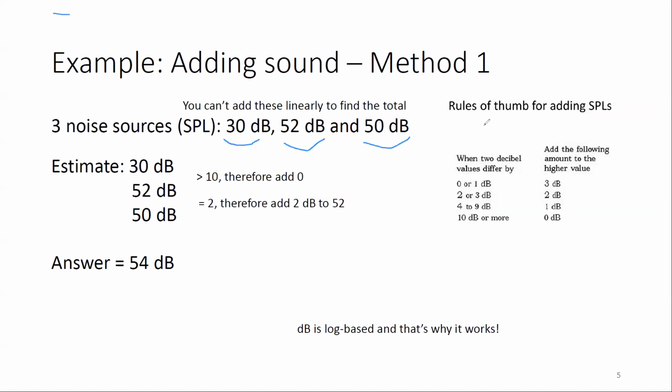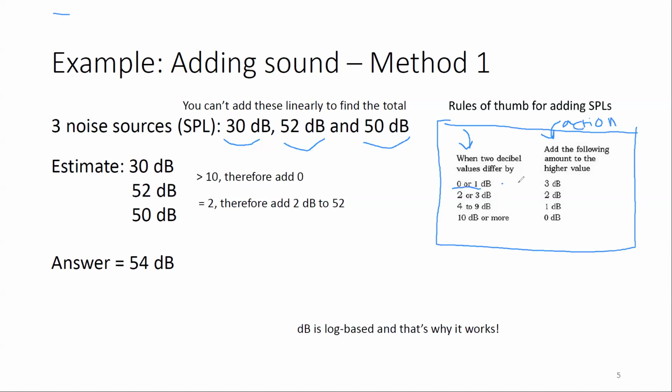there's a rule of thumb table, which is here. Essentially, the first column guides you through what you need to look for and then the action that you need to take. It says when two decibel values differ by 0 or 1, what's the action?